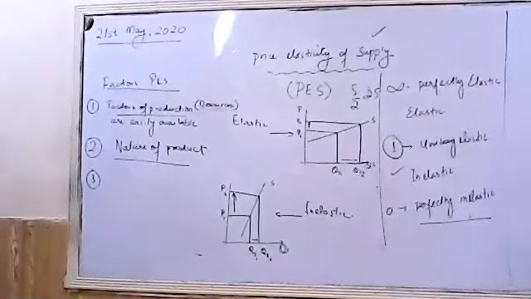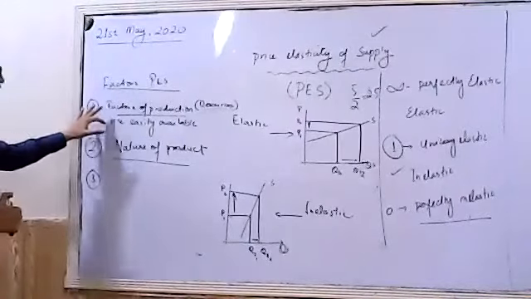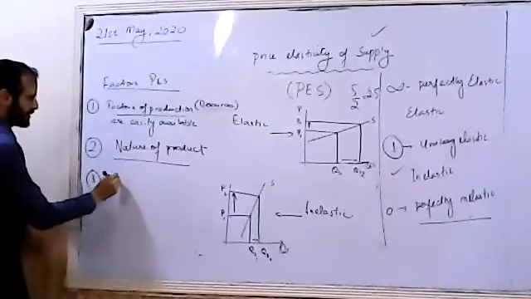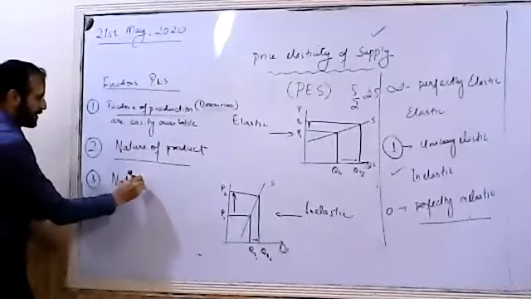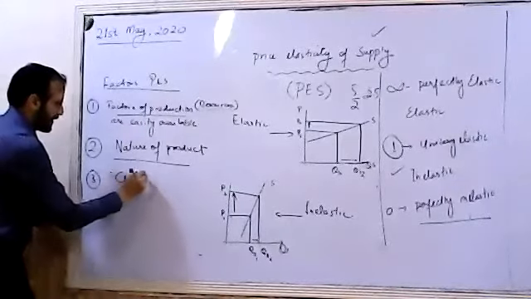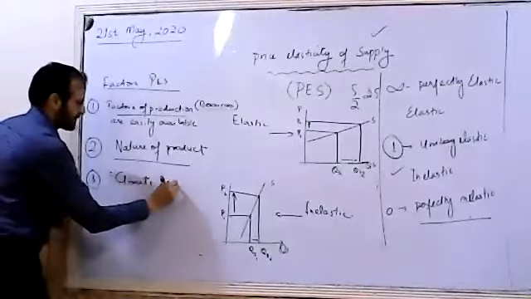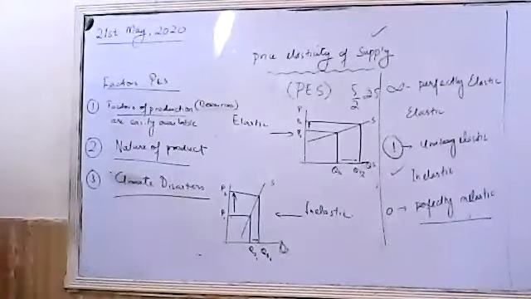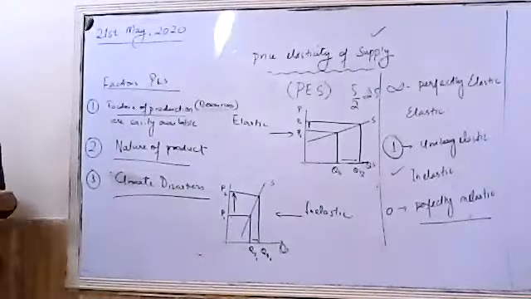Okay, so for the factors of elasticity which we have learned so far, first was the availability of factors of production, then the nature of the product itself, and sometimes it depends upon natural or climate disasters. This is another factor which can affect the elasticity of supply.